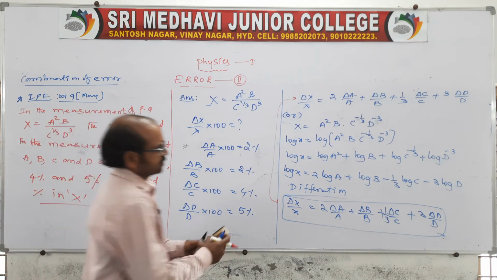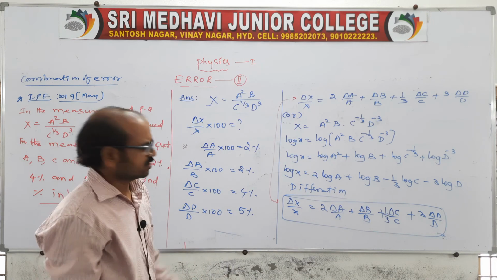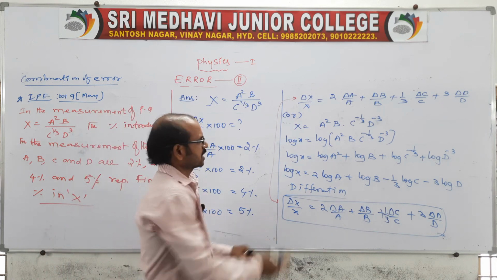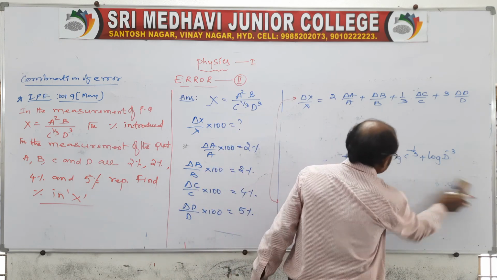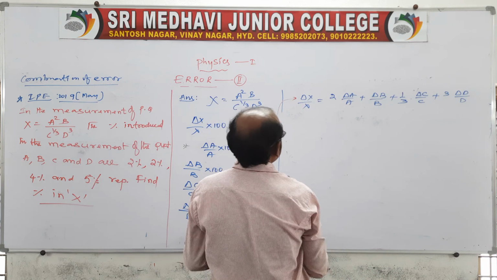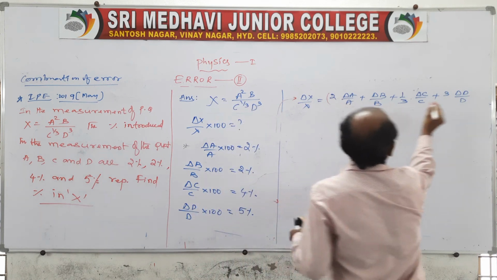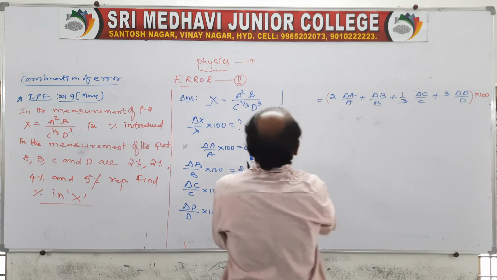Now I am removing this, because directly we have it. Now I am continuing from this. He is asking for delta x by x, so you multiply with 100.